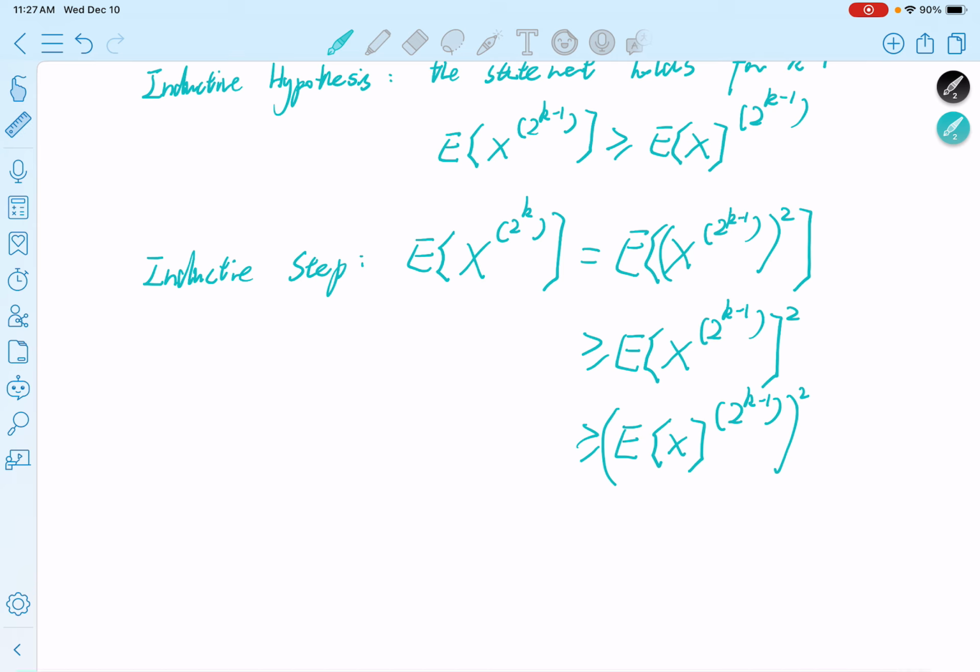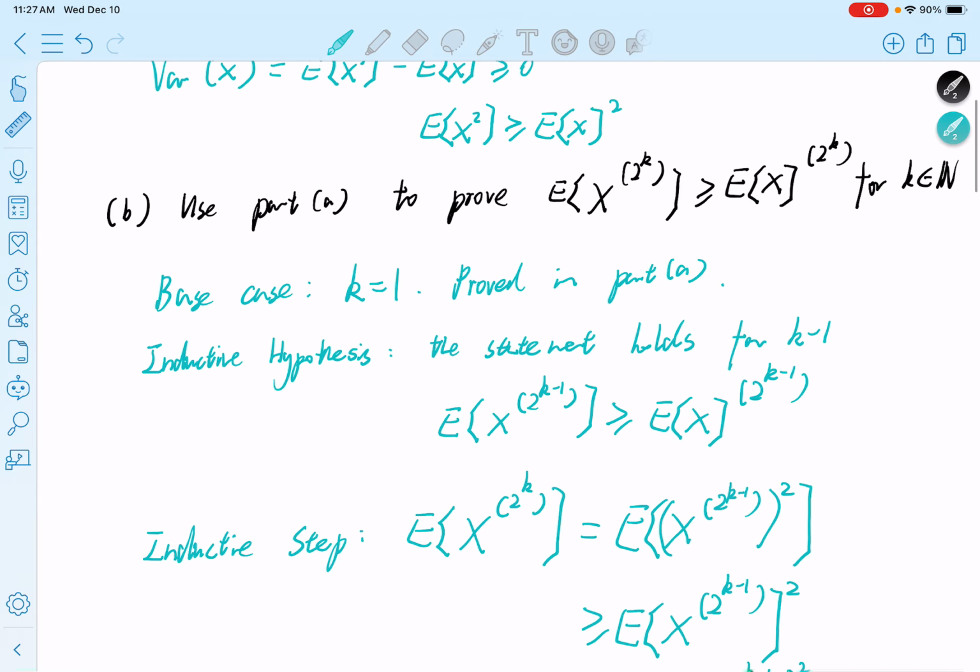As we learned in high school, or maybe not in high school, but you can just manipulate the symbols. This thing squared is equal to e of x to the 2 to the k, right? Because 2 to the k minus 1 squared is just 2 to the k.